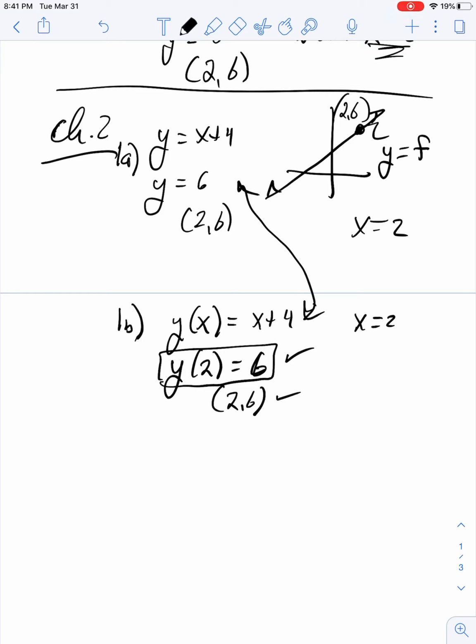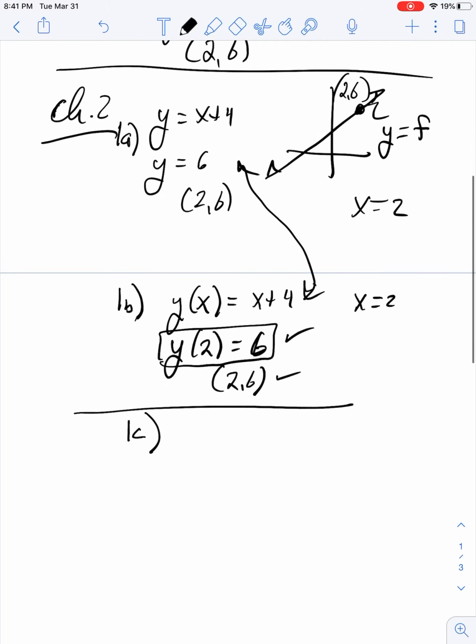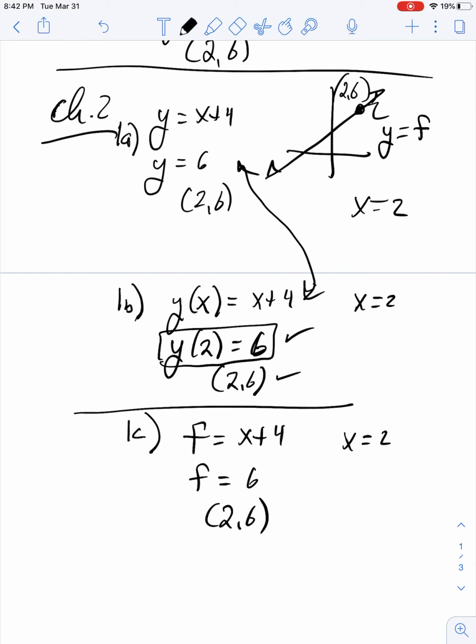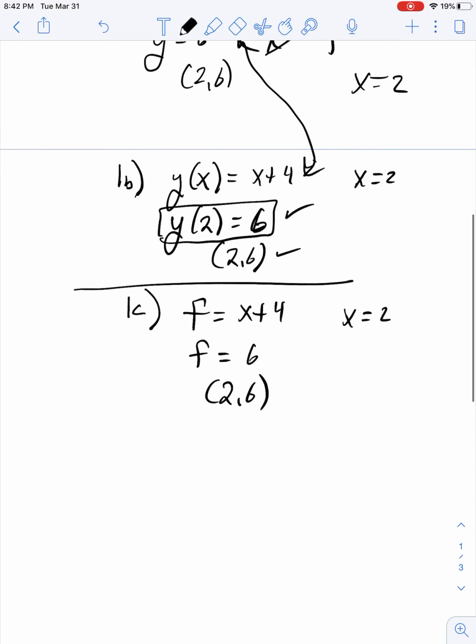Then I would do things like, let's say, 1c. I would say f equals x plus 4 when x equals 2. They're saying, well, what's that? Well, it's the same thing. f equals 6. Therefore my point is 2 comma 6.